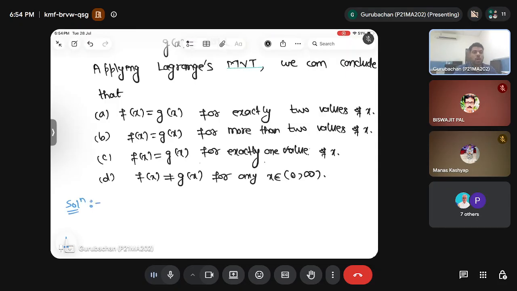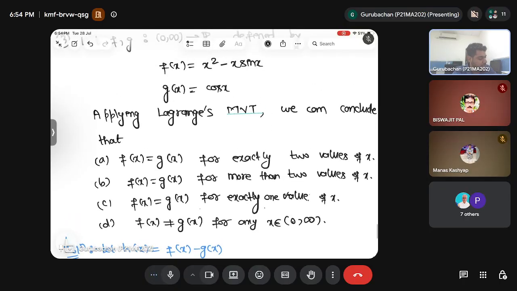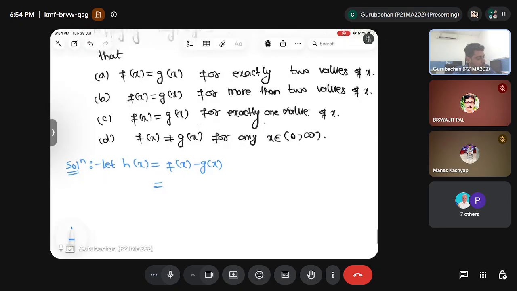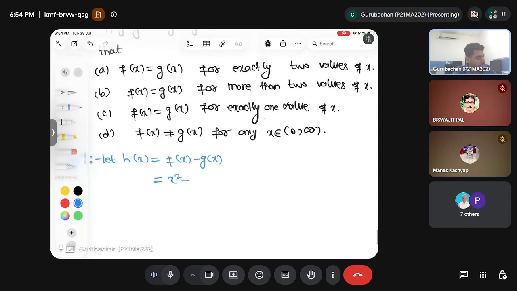Since we want to talk about f x equal to g x, we will consider a new function. Let h of x is equal to f of x minus g of x. So that gives x square minus x sin x minus cos of x.